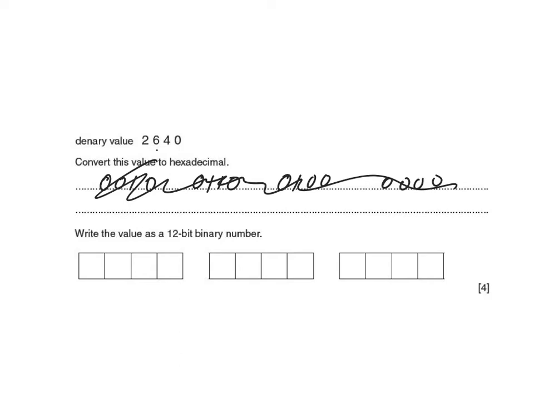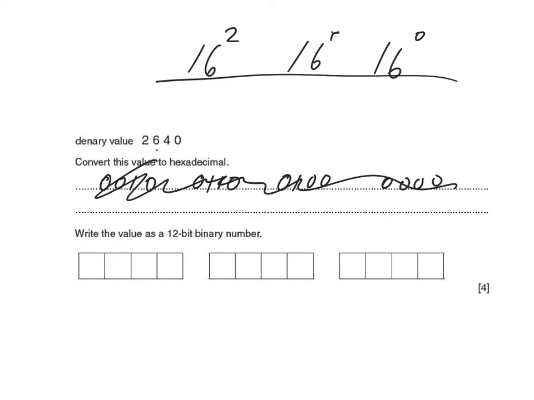So it is straightforward enough to do. If it's a 3-digit hex number, we can use 16 to the power 0, 16 to the power 1, and 16 to the power 2 to give us different values. So this ends up being units, this ends up being 16s, and this ends up being 16 times 16, which is 256s.